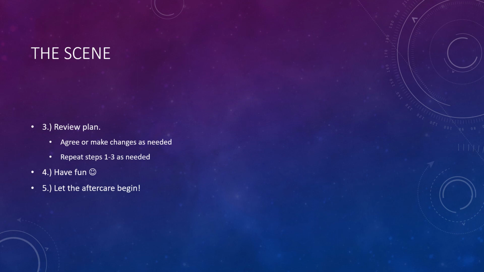That way you can then move on to step 4, having fun and actually implementing the plan, like actually doing the scene itself. And finally, step 5, once you've finished that planned scene, you move into aftercare, which was discussed during that negotiation process, which means when you're all exhausted, you already know the plan. You don't have to like make it up on the fly.